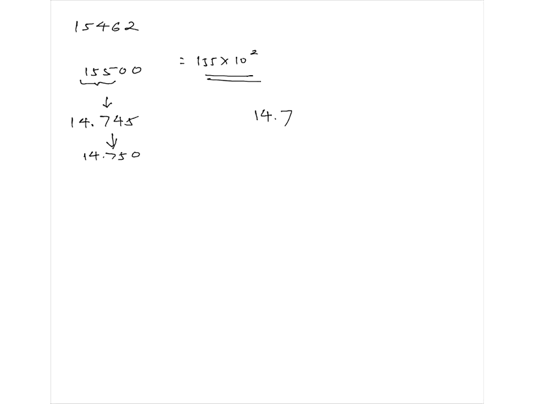Rounding off up to third, 3 significant figures we want. 14.8, because after 7 it is 5, so is 7 even or odd? 7 is odd. 14.8 should be correct. Any questions about this case? Let me know.